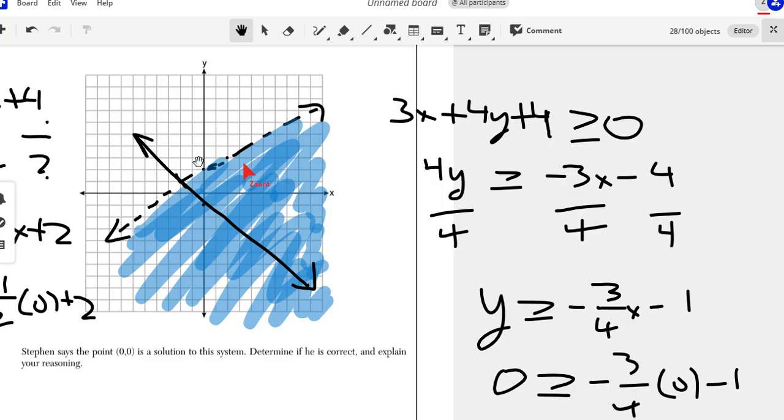Change the color, pick a different color. So like this.